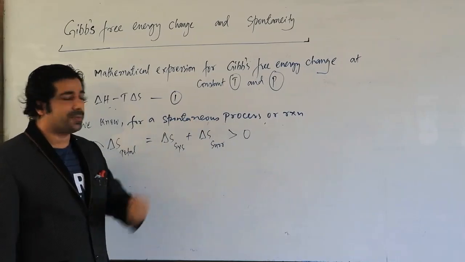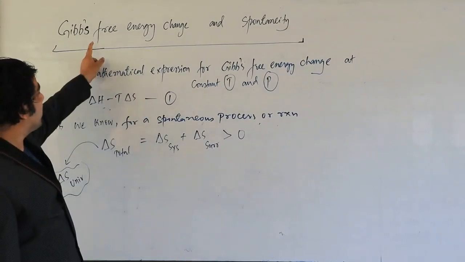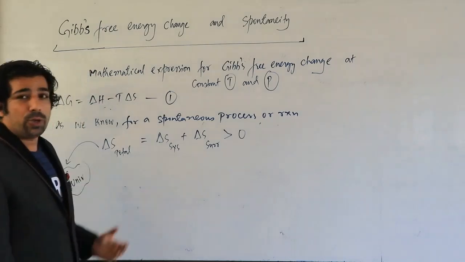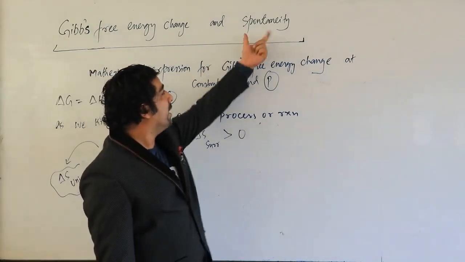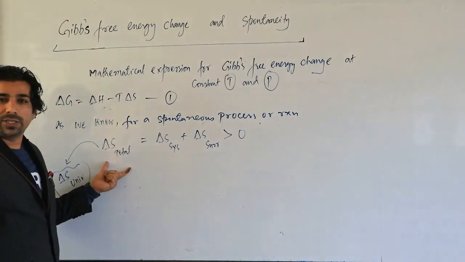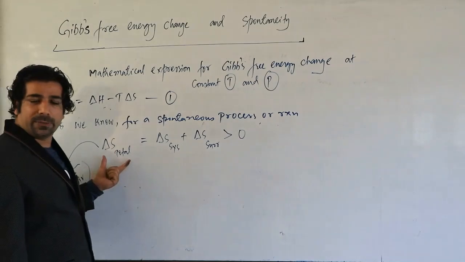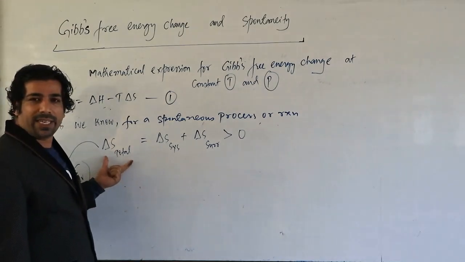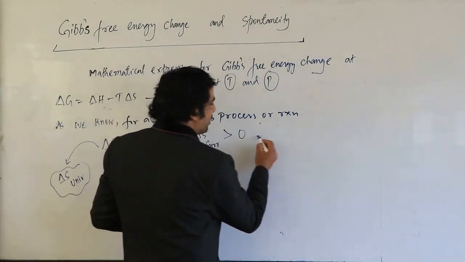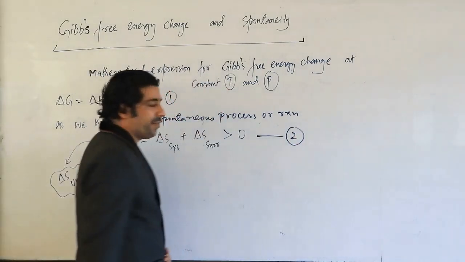But our topic is Gibbs free energy change and spontaneity, my dear friends. So we have to understand the spontaneity in terms of delta G, not in terms of delta S total. But we will take help of this particular equation and find out delta G. Let us understand this entire process. Let's call it equation number 2.